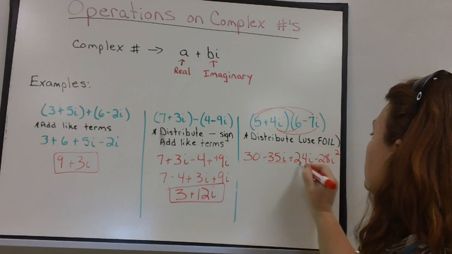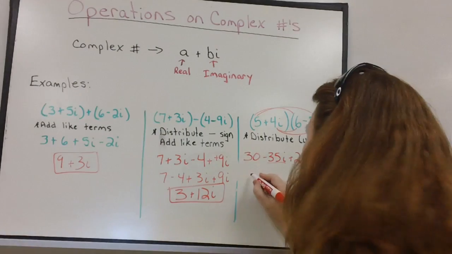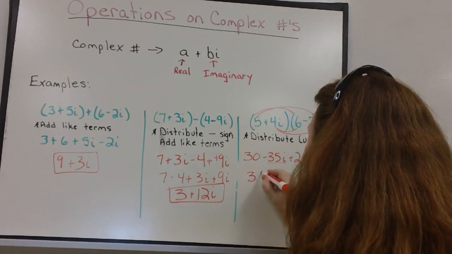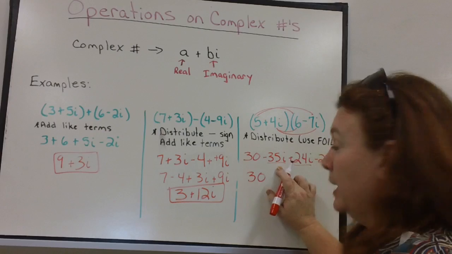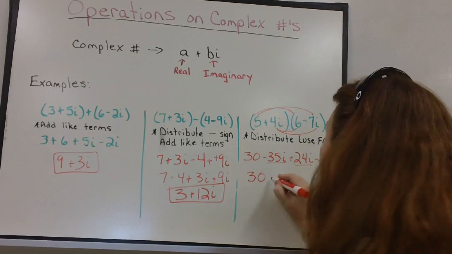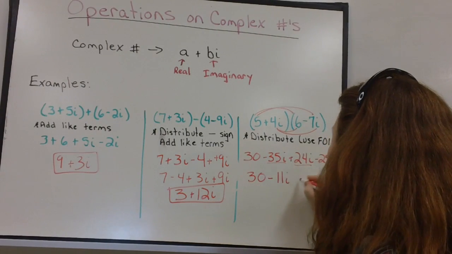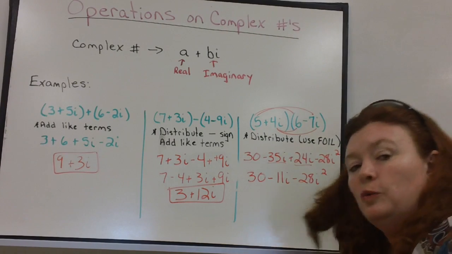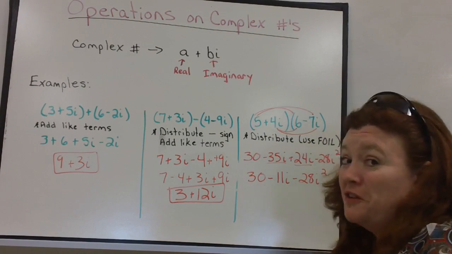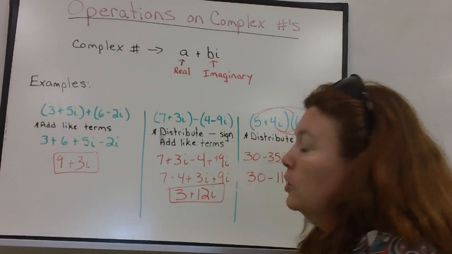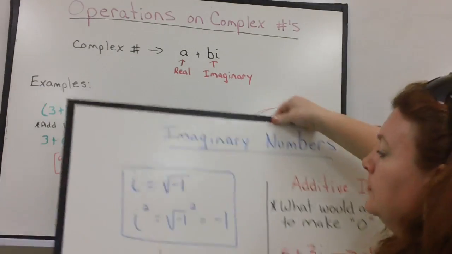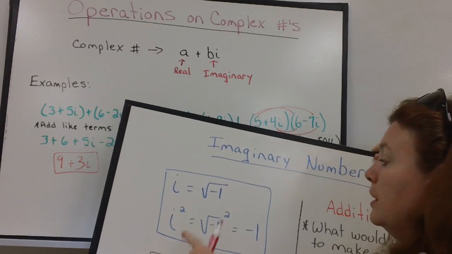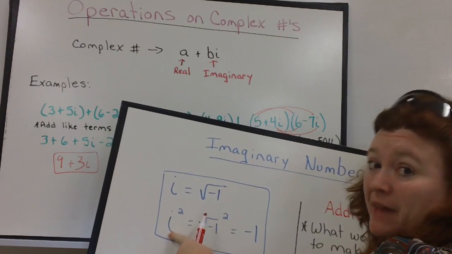Well, I see like terms. So I have a 30, negative 35i plus 24i is a negative 11i. And I have a minus 28i squared. You would think you were done, but you're not. Because we talked about this a little earlier, we already know that i squared has a value.